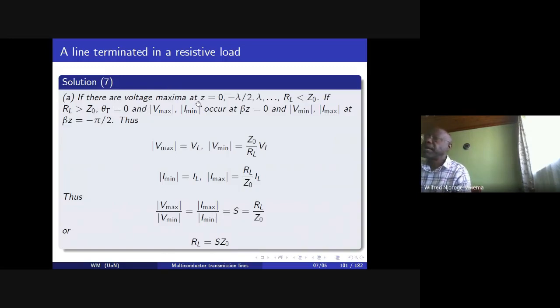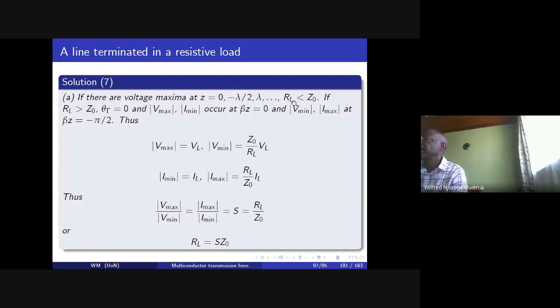If there are voltage maxima at Z equal to 0, minus lambda by 2, minus lambda and so forth, then it only means that RL should be smaller than Z0, because gamma is going to be negative.